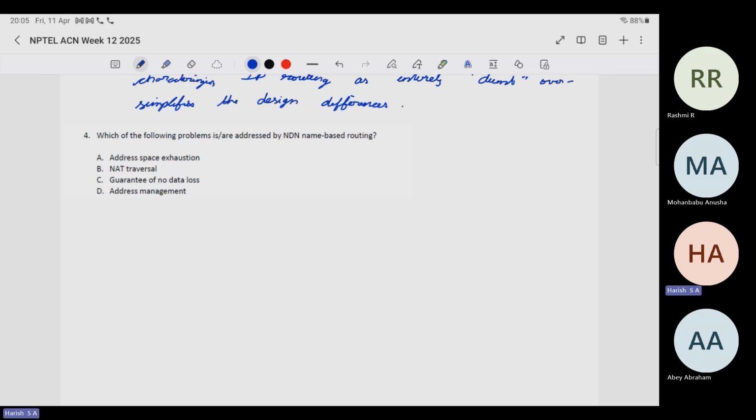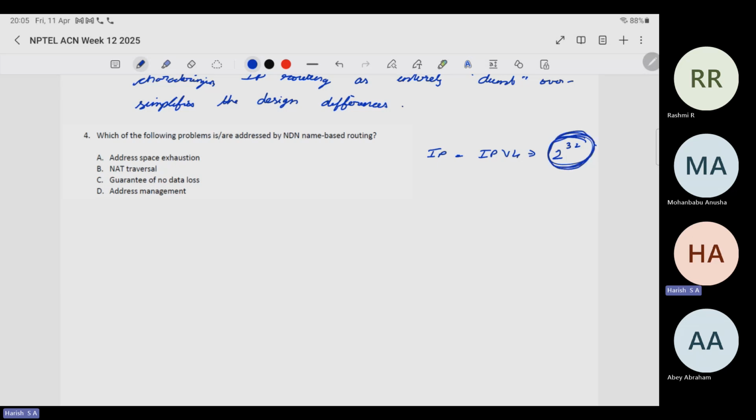Now, if we look at address space exhaustion, this is nothing but a consequence of IP addresses. IP addresses are, in IPv4, which is basically what we use, 2 to the power 32. So these are a limited number of addresses. There is a chance that the number of devices in the world can go above and beyond this number, which they already have.